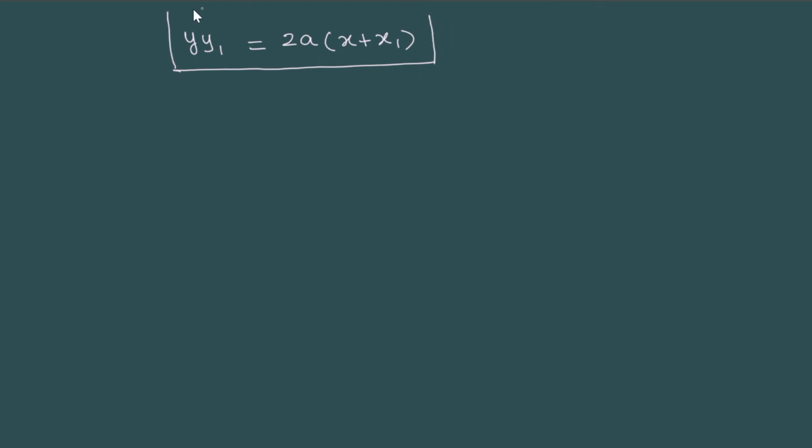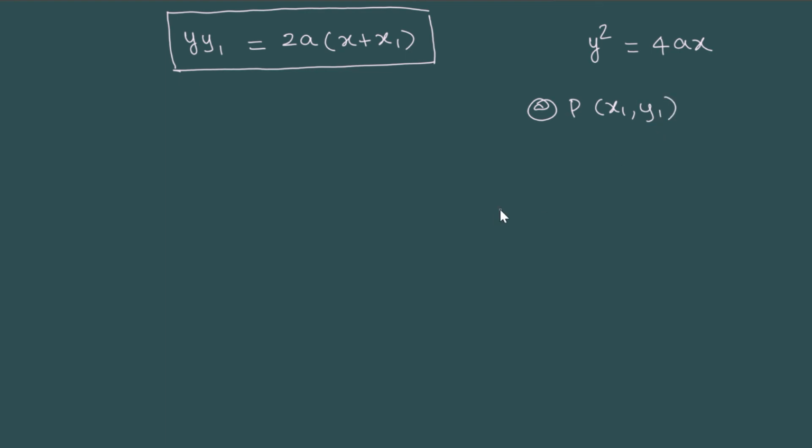let me talk about one way of immediately arriving at this equation. So if you take y square is equal to 4ax as the equation of our parabola, we are looking at the tangent at point x1 comma y1.